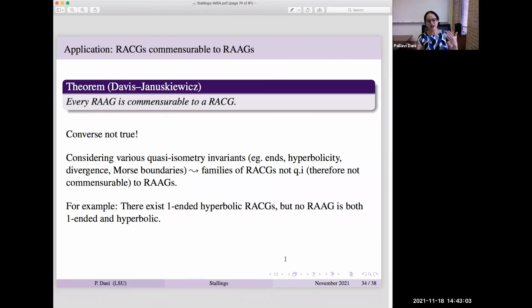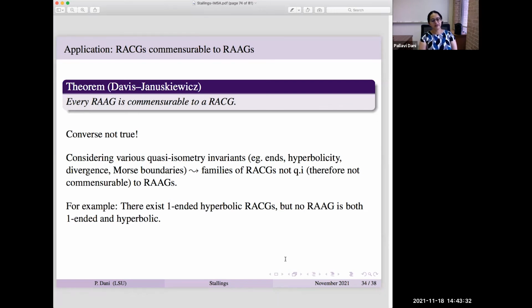I'm not going to define quasi-isometry, because it's not super important for the rest of my talk. But anyway, commensurability implies quasi-isometry, and there are lots of quasi-isometry invariants. So it's very easy to show that there exist right-angled Coxeter groups which are not quasi-isometric to right-angled Artin groups, and therefore not commensurable to any right-angled Artin group.